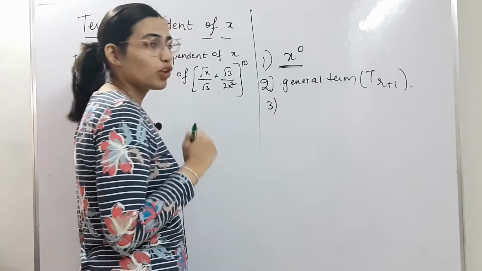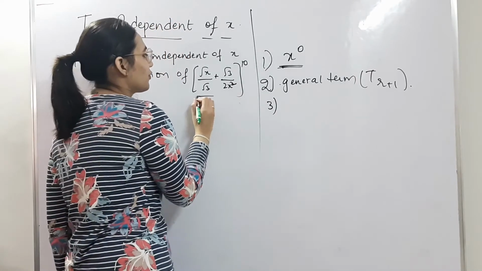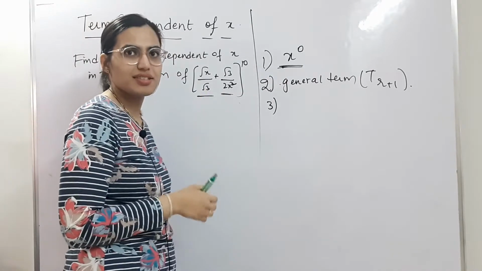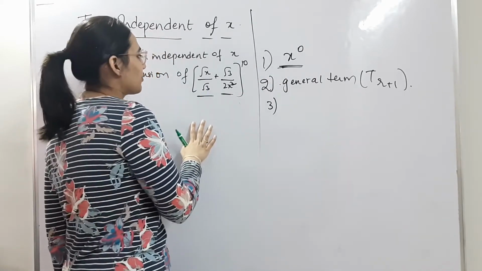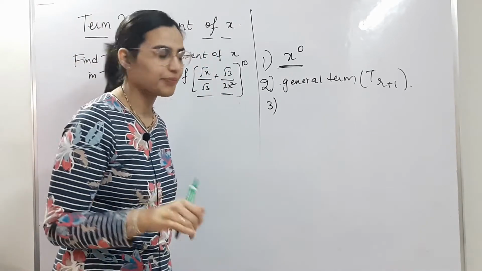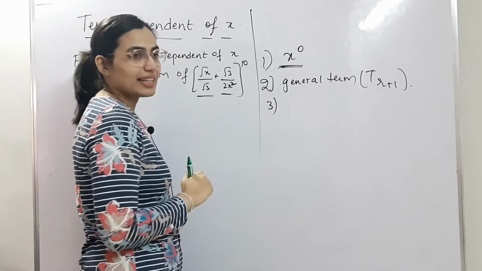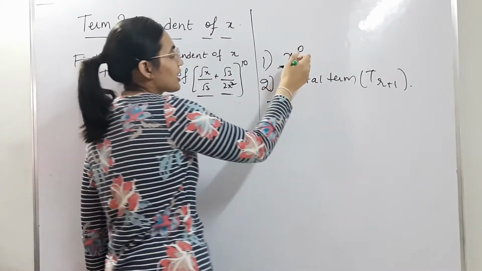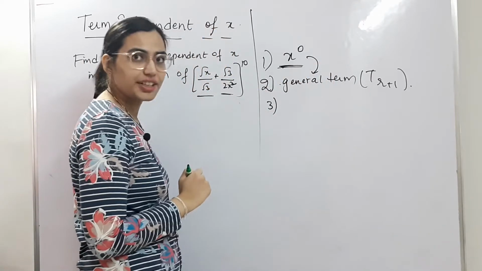Then definitely you will get something in the form of x in the general term, because a is this, b is this, and if you write the general term, you will get a to the power of n minus r. So this will have some power and this will have some power. In that case, we know for a fact that the power of x should be 0, and we assume that x to the power of 0 is present in this general term.